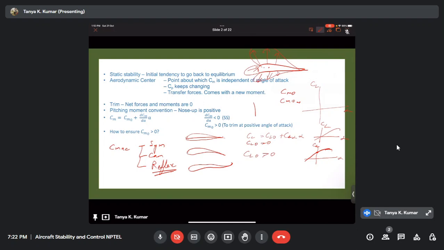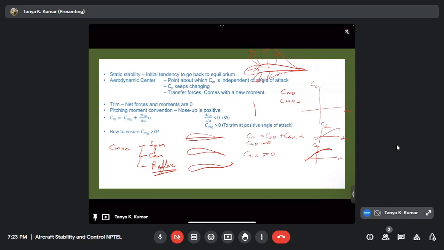So what is the axis under consideration here? You're pitching about your y-axis, right? So y-axis is towards the wing. Let me try drawing that. If this is your aircraft, you have a wing here, wing here.